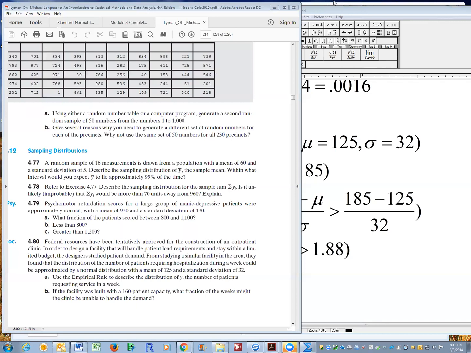Okay, so question 4B. Can you tell me why the answer is the 30% value?